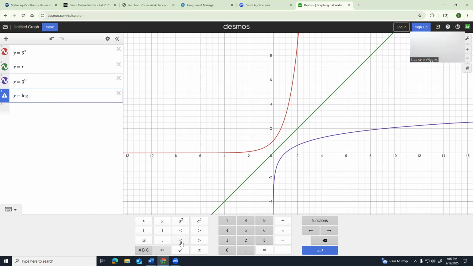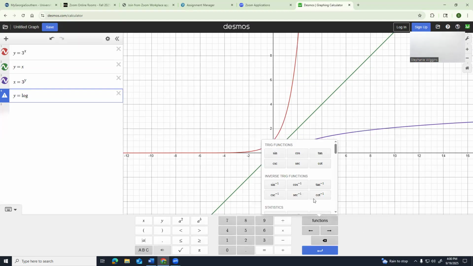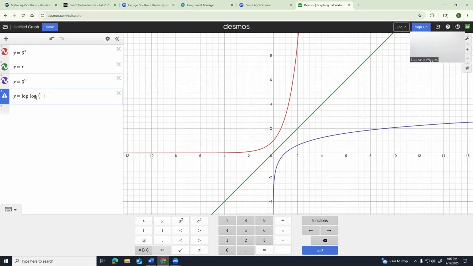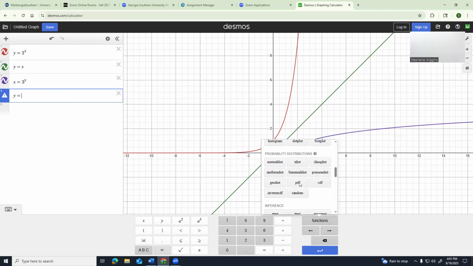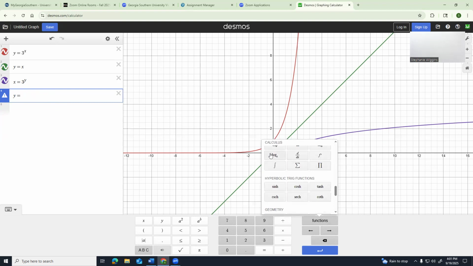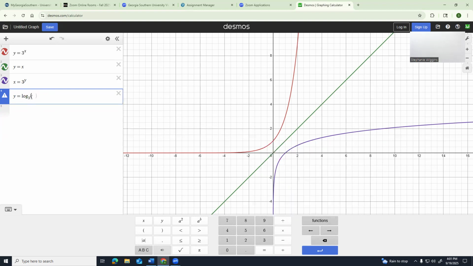It's been a while since I've graphed a logarithmic function in Desmos. Functions, here we go. There it is, log base A. You scroll down here, you can get log base A, there we go, and the base that we're looking at is 3, and then we're putting in x.